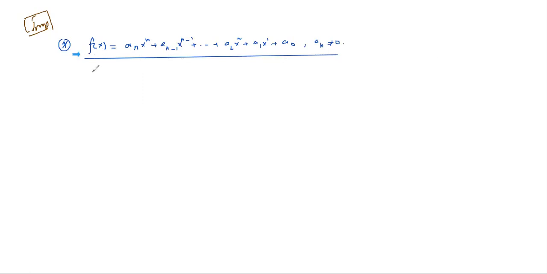Every zero, suppose x equal to alpha is a zero, then this alpha will be of the form p by q.